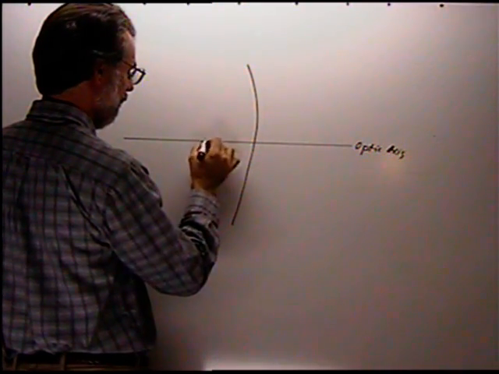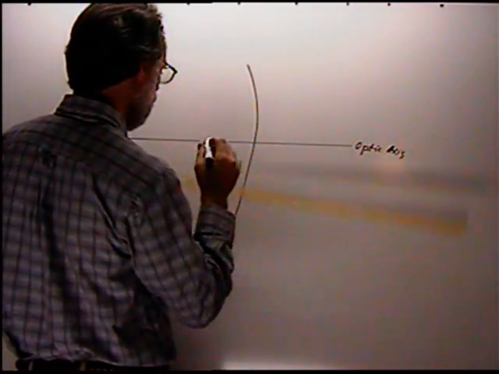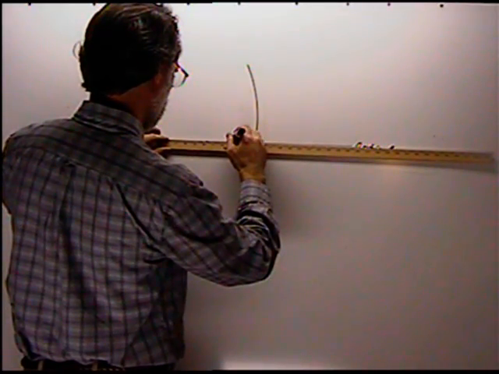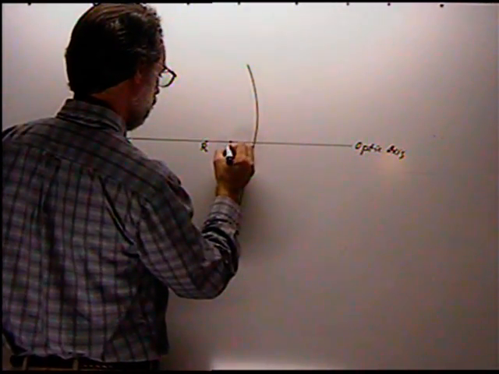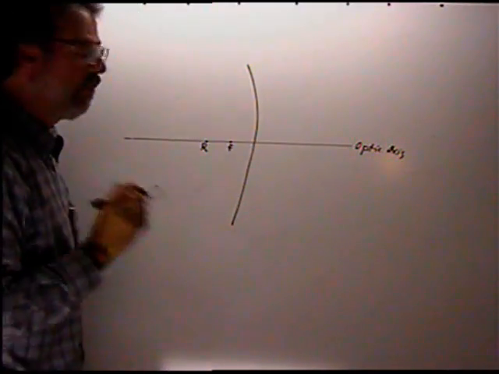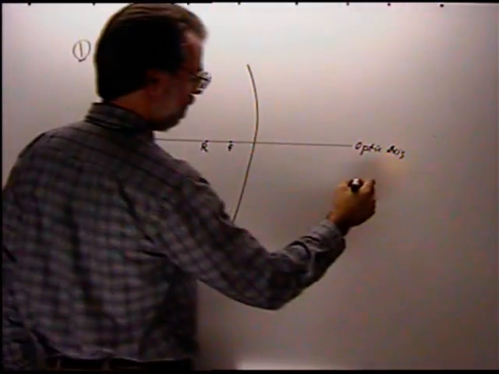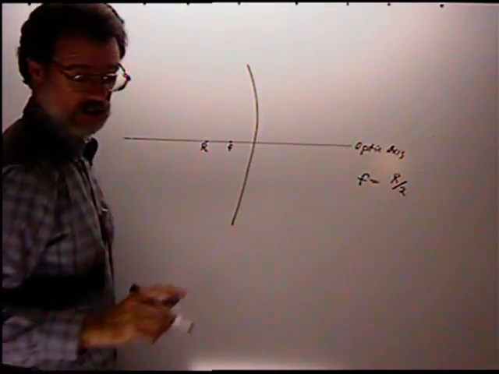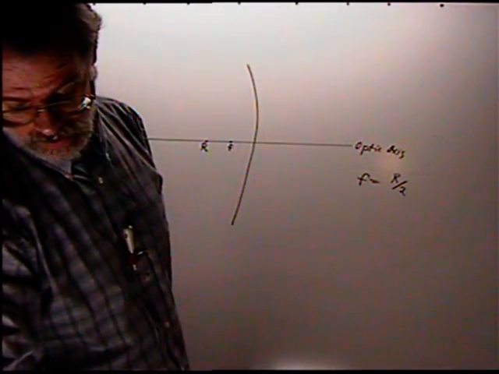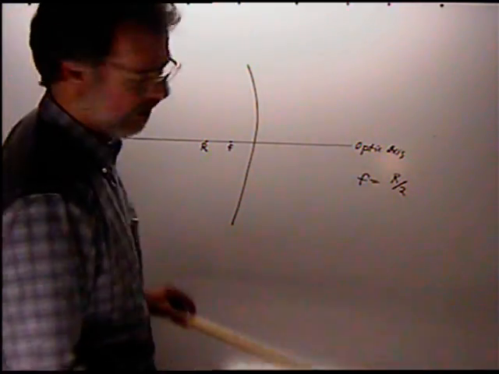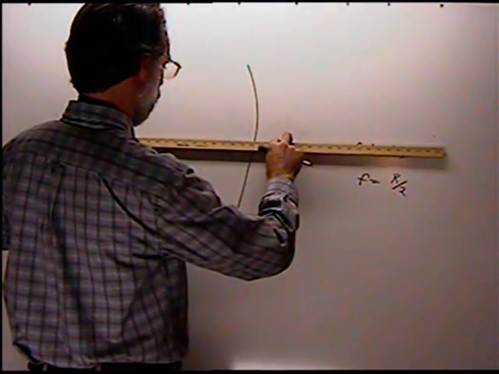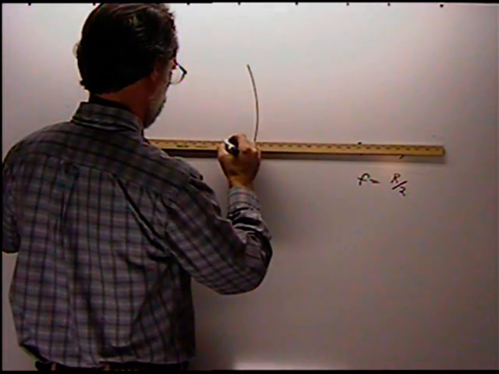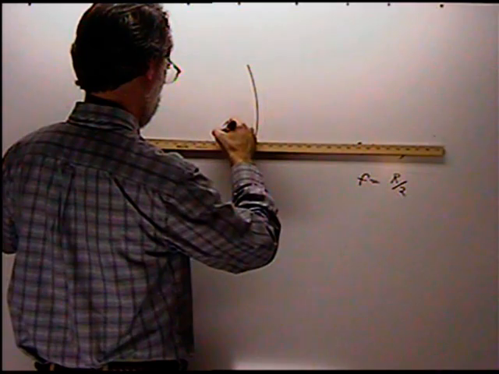This is r, that's 5, and right midway between here and here would be the focal point, because the focal point is 1/2 of the radius. And the object is placed 3.5 centimeters away. So 3.5, right here.